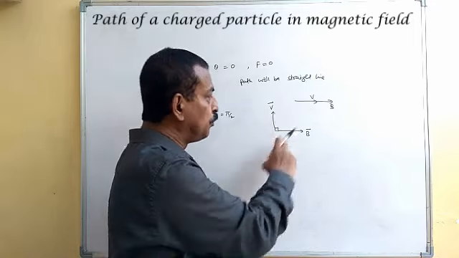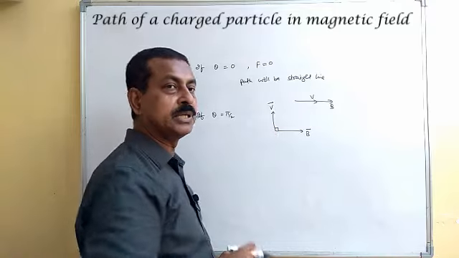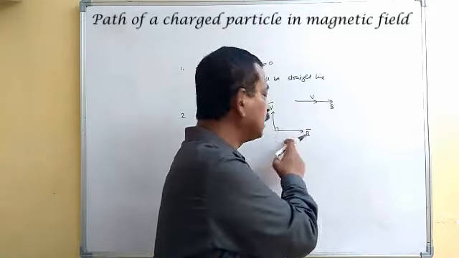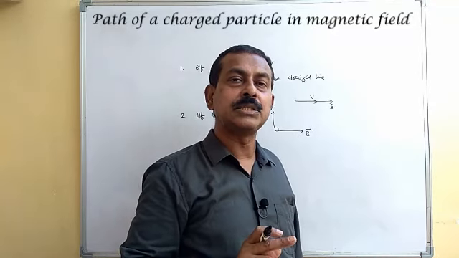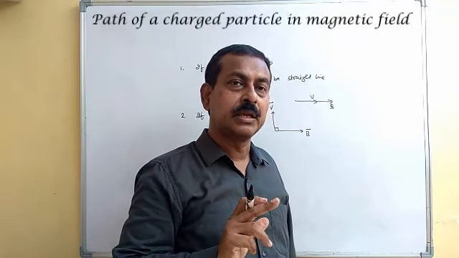The force which acts, as it is the cross product of V and B, is perpendicular to both V and B. So the charge will move in such a way that the force acting on it makes it move along a circular path, because at every moment the force is perpendicular to the velocity.